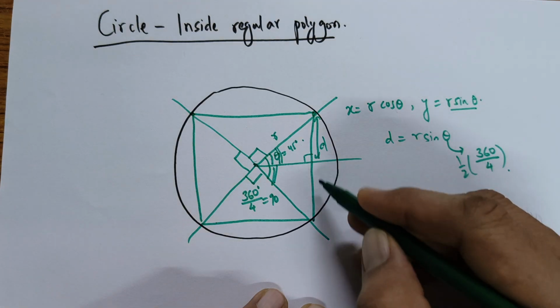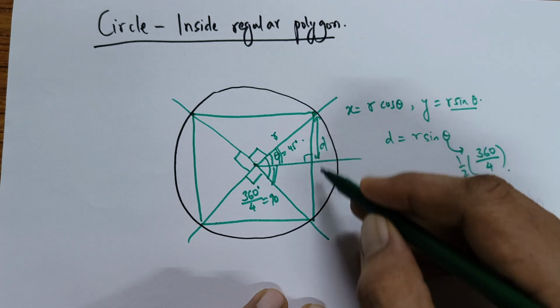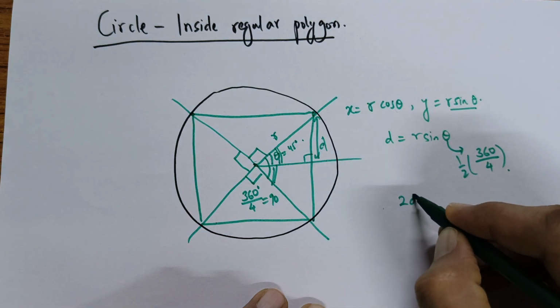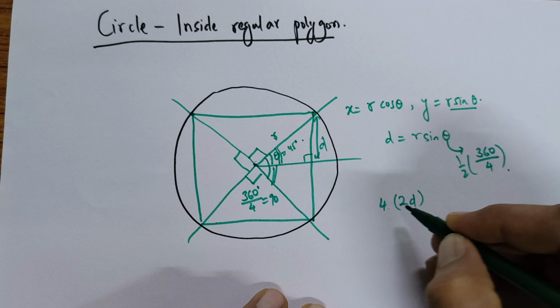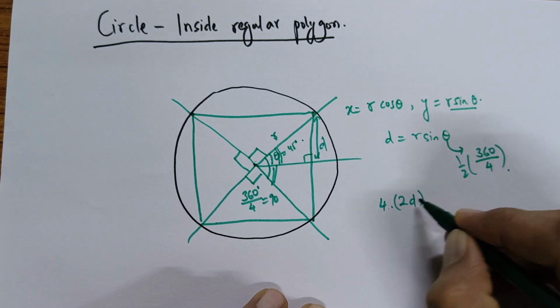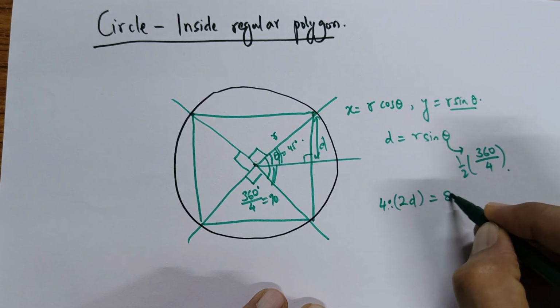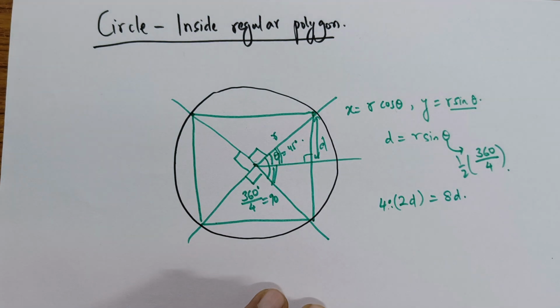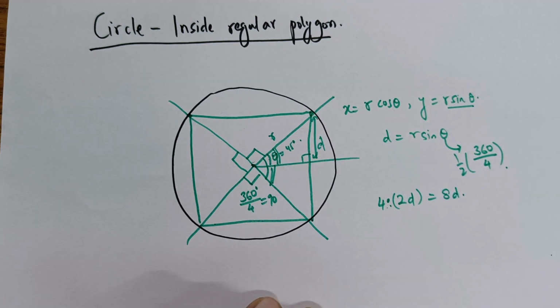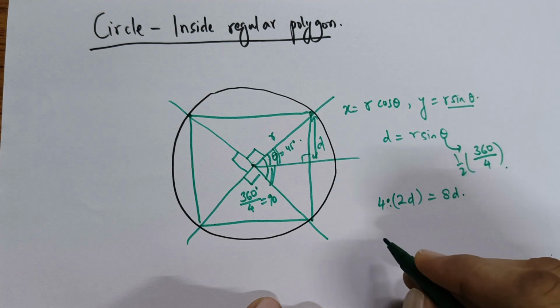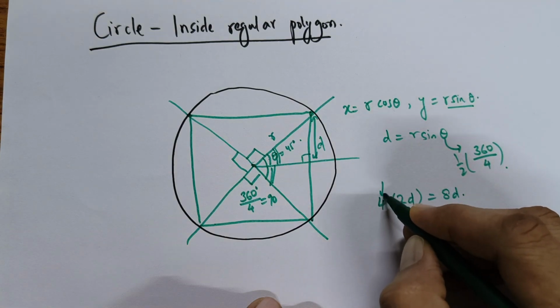And then one side is 2 times d, and then I have 4 sides, so that's 4 times of that. So the total is going to be 8 times d. This is what I am expecting as the side for any number of sides. So in case of 4 sides, now this is the number of sides, right?